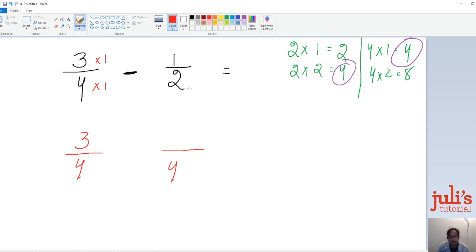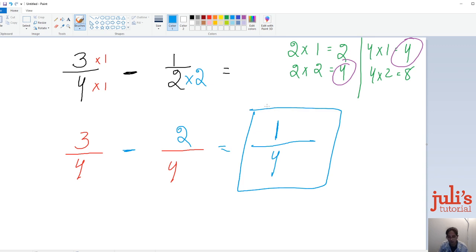In order to go from 2 to 4, I have to multiply by 2. 2 times 2 is 4. 2 times 1 is 2. Now 3 over 4 minus 2 over 4. I just subtract the top. 3 minus 2 is 1, and the bottom stays the same. That's it, 1 over 4.